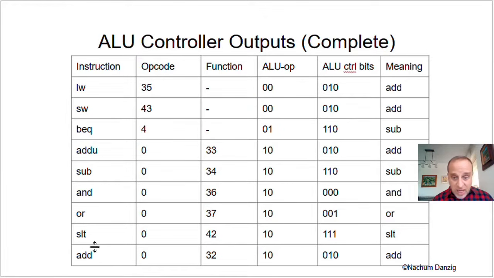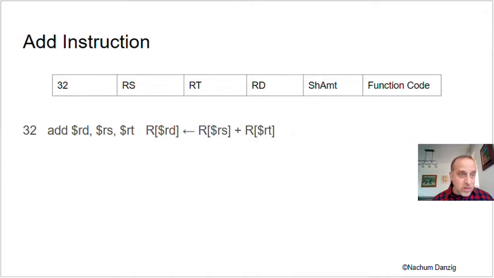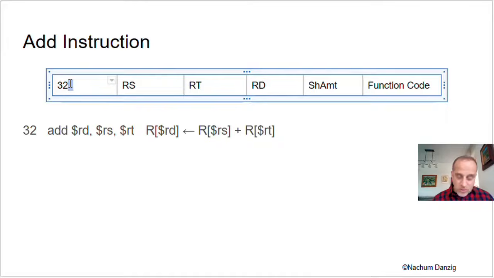If you see, here's an add. The ALU operation we saw is a 10. The opcode was a 0. I sort of misled you a little bit here. When it says 32 over here, this is a mistake. This 32 should be a 0.